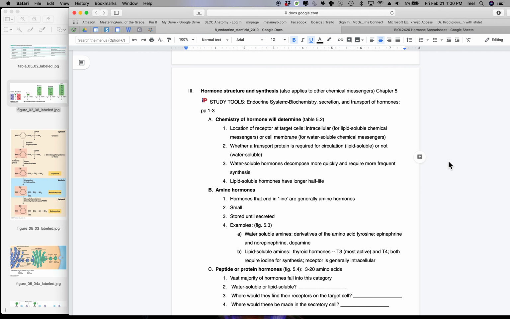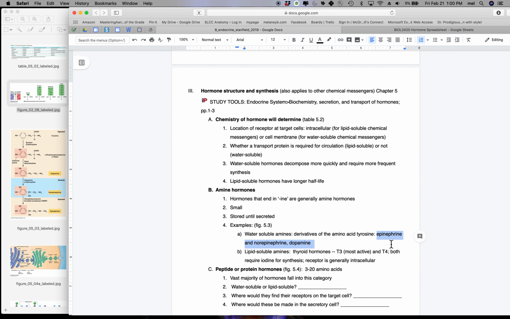Most of these hormones end in INE. If something ends in INE, it is pretty much telling you that it is made of an amino acid or derived from an amino acid. That means it's going to be important to be able to spell them.